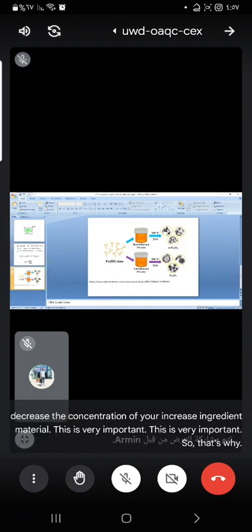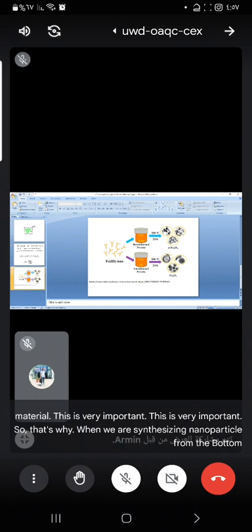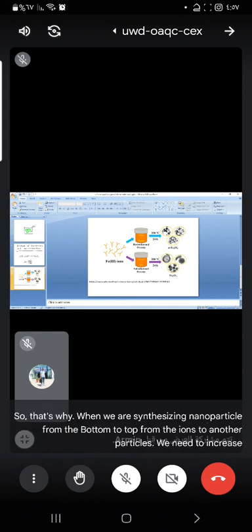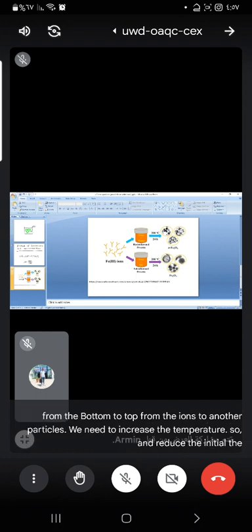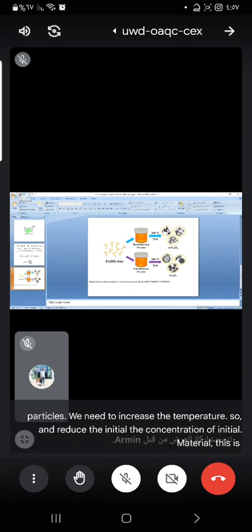So that's why when we are synthesizing nanoparticles from the bottom to top, from the ions to nanoparticles, we need to increase the temperature and reduce the concentration of the initial material. This is absolutely important.